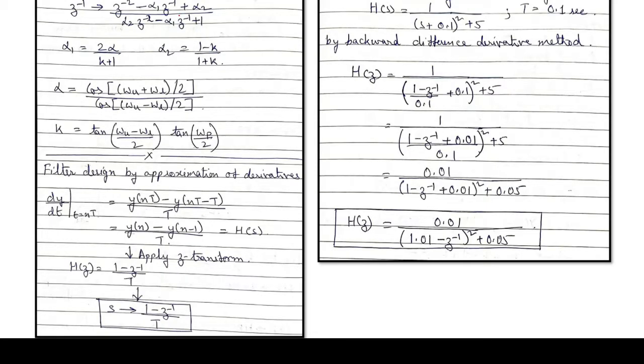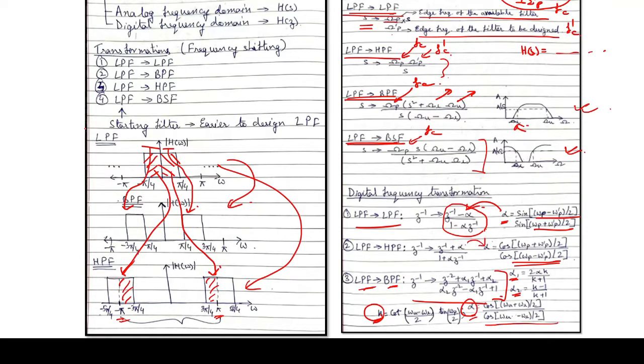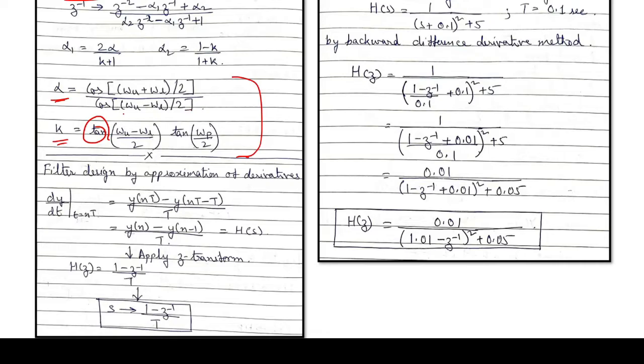Now low pass filter to band stop filter. In a similar way, we will calculate this alpha and this k. In the previous case we used cot and tan; here both are tan. Otherwise it is the same: you get the alpha and the k value.